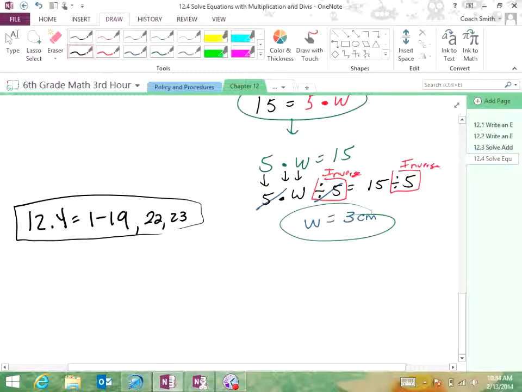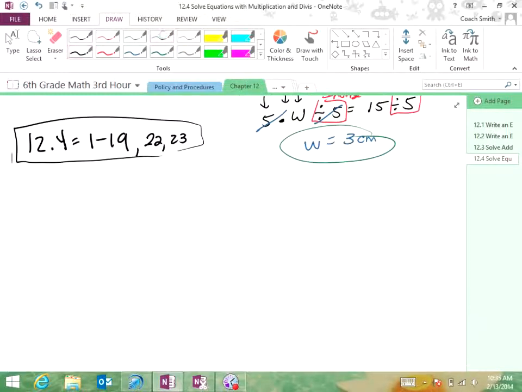Now, everybody look at number 1. Number 1 is exactly the same as everything we did, except instead of a whole number, they give you a decimal. But the process doesn't change. Still do the inverse operation. Now, the thing you've got to remember when you're dividing, in other words, if I have 2.5 into 20, remember you have to move this decimal out of there.